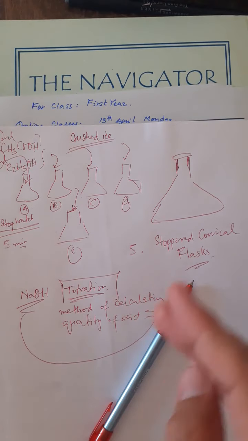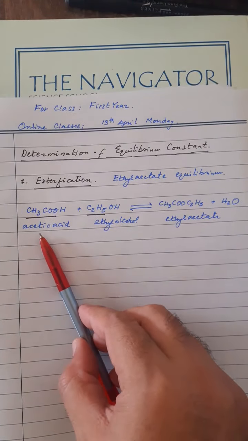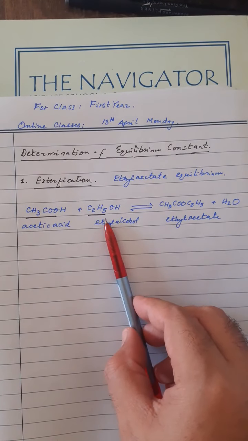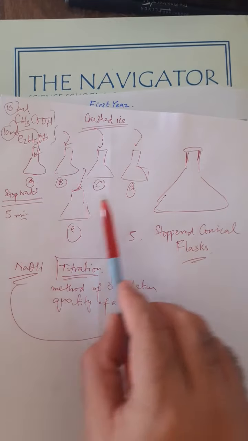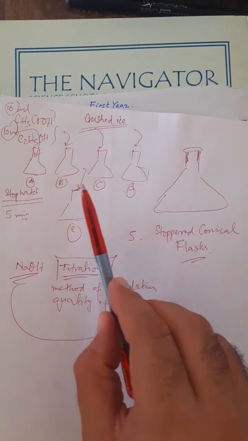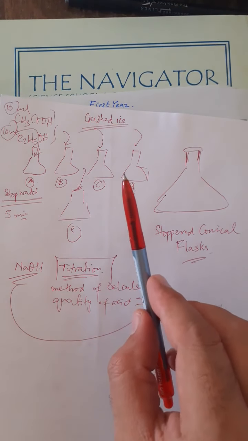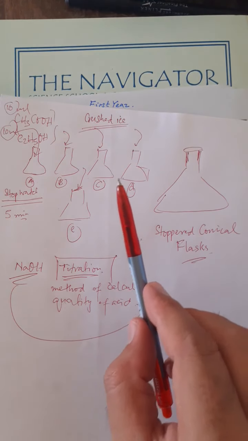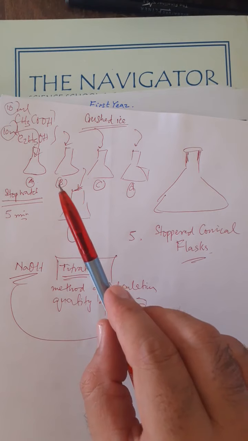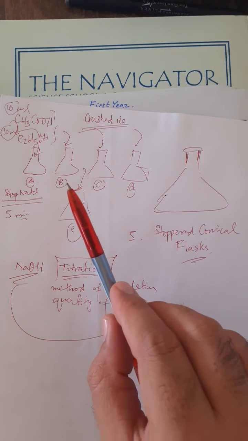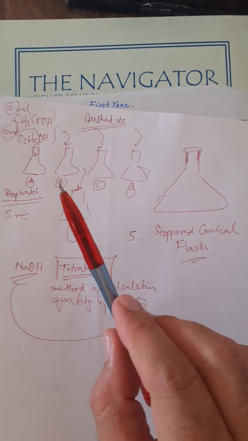So first we need 2 chemicals, acetic acid and ethyl alcohol, and we need stopwatches. We need 5 stoppered flasks, and we have to add these chemicals to each flask and allow the reaction to proceed. Using a stopwatch, we allow the first vessel to react for 5 minutes, the other for 10, 15, 20, 25, and so on.